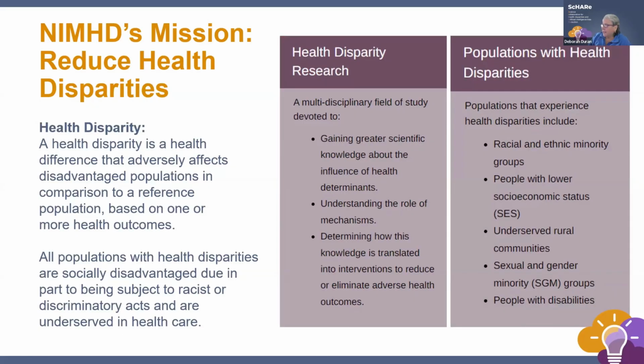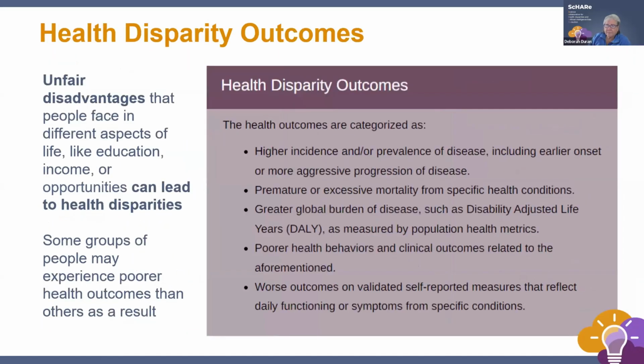And then we have the health disparities populations, which are racial ethnic groups, people with low SES, underserved rural, sexual gender minority groups, and people with disabilities. This is the focus of all the research that we do, and it's the focus of the NIH Minority Health Disparities Strategic Plan. We're not saying that there's not others, but these are the populations that we focus on.